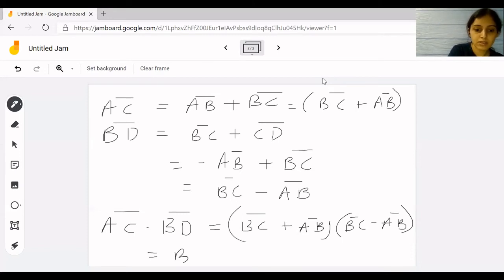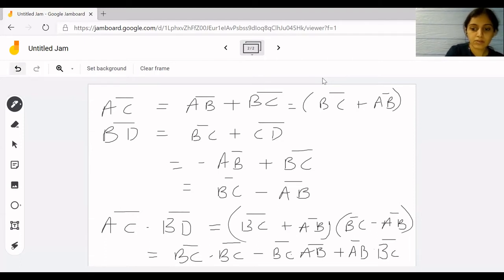So we'll get BC bar dot BC bar, minus BC bar dot AB bar, plus AB bar dot BC bar, minus AB bar dot AB bar.